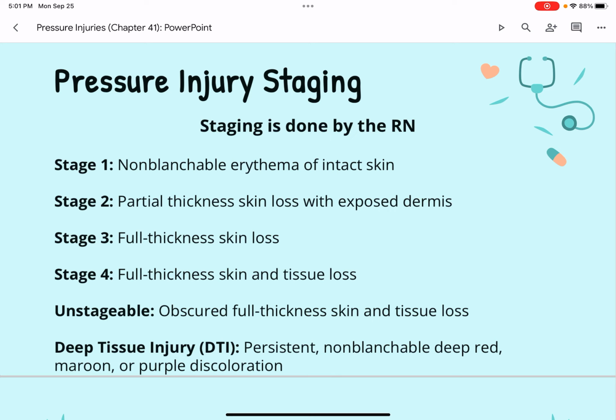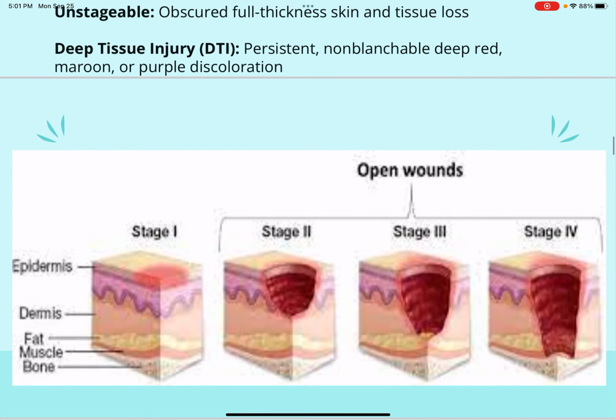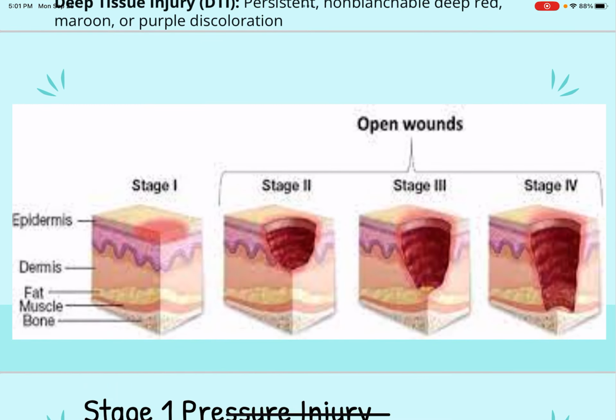A deep tissue injury is persistent, non-blanchable, deep red, maroon, or purple discoloration. The wound is dark or is a blood-filled blister. The skin is intact but can be firm, mushy, or boggy. This picture here shows the different stages of pressure injuries.